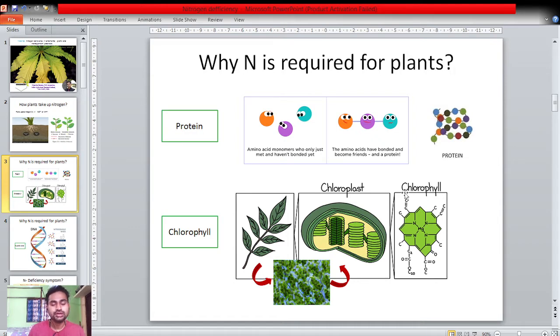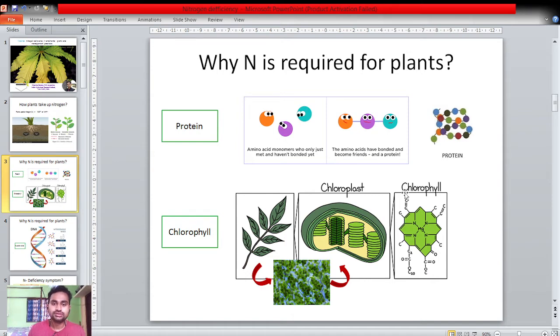First, it is utilized to make proteins. You all know about proteins, but when we go inside the protein, we come to know that there are certain units that help to make the protein, and those units are called amino acids.